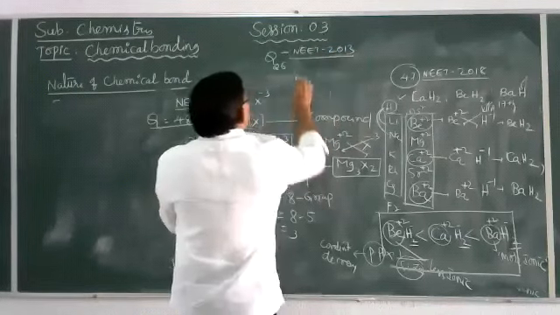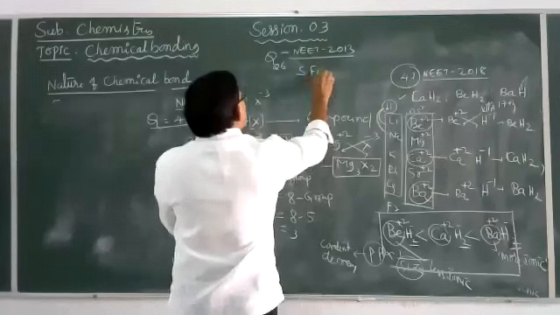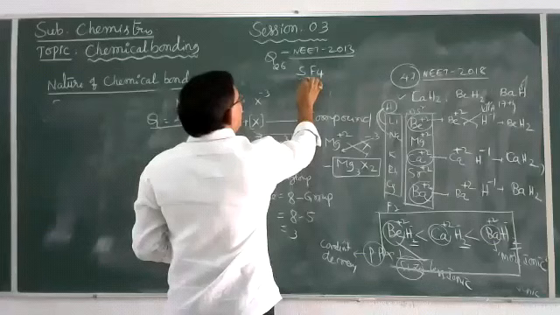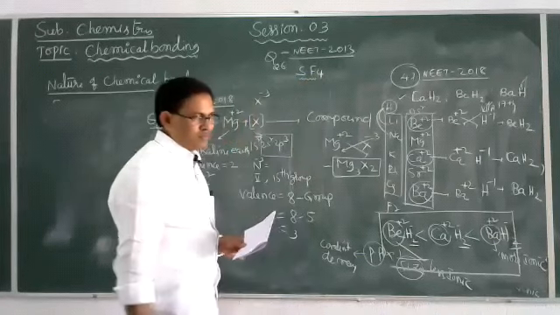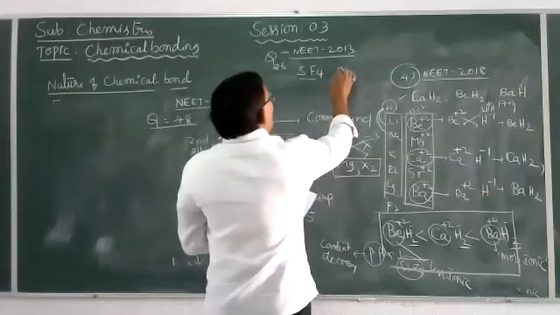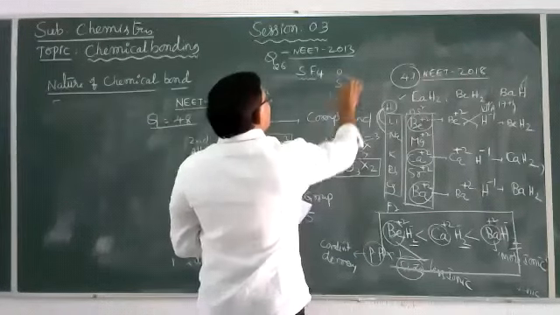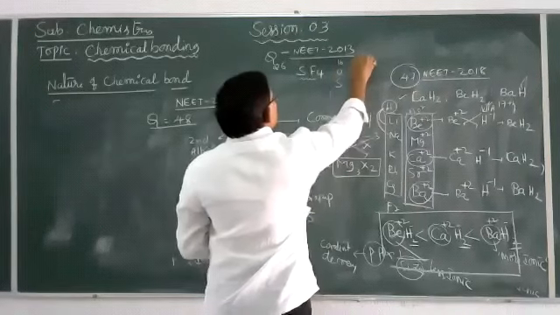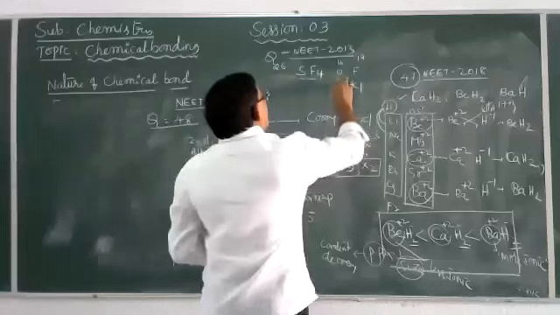Here oxygen and sulfur are the 16th group, and fluorine and chlorine are the 17th group elements.